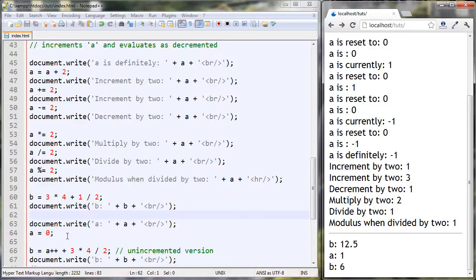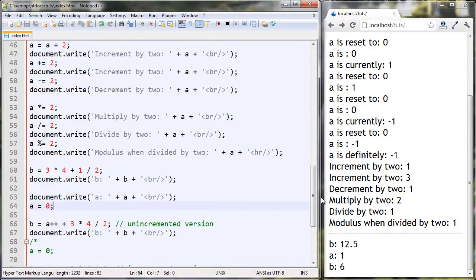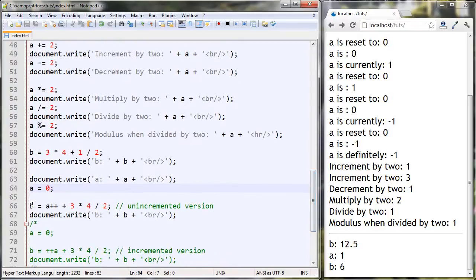Here we're just writing out a, and then we're resetting a to 0. And then what we have here is b is set to a plus plus plus 3 times 4 divided by 2. So remember, this a plus plus is going to increment a, which is 0 here.